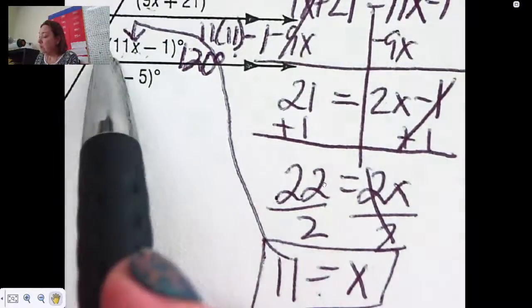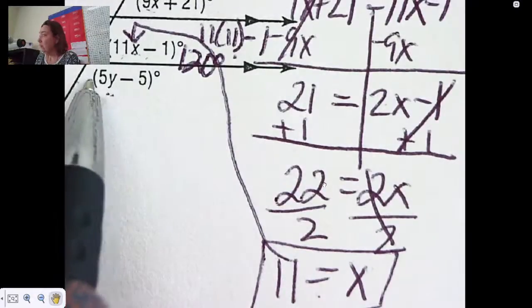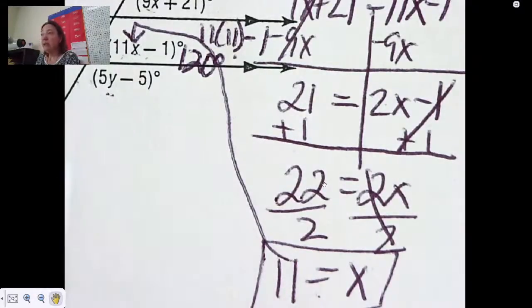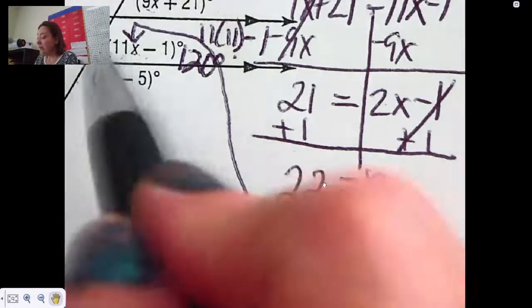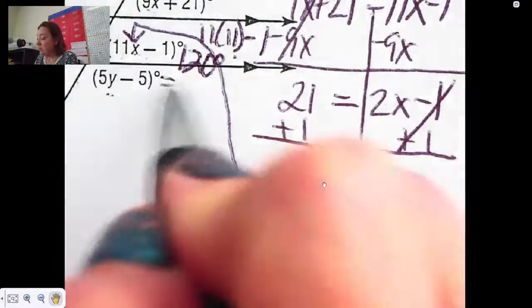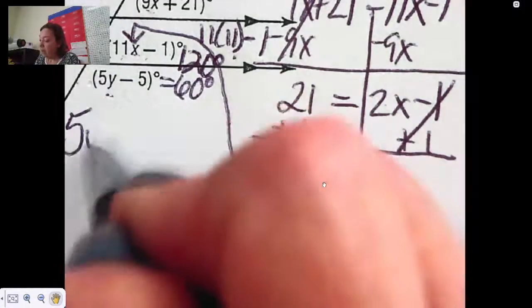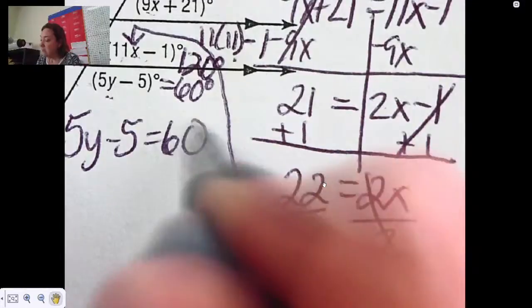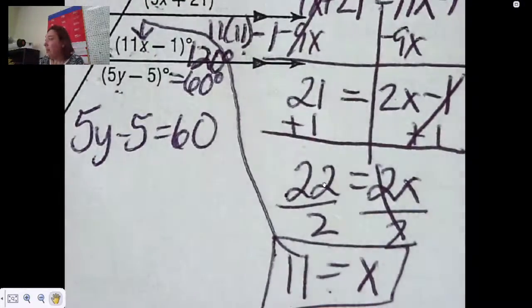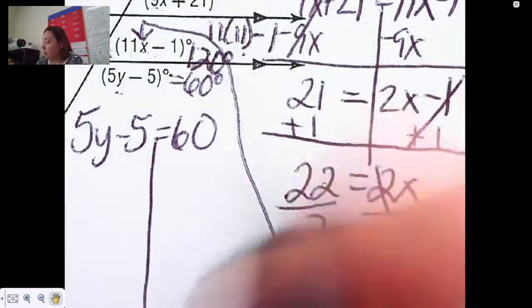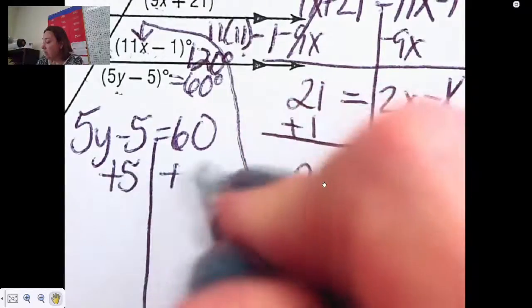But if that angle is 120, can we find this angle down here? What's that going to be? It's going to be 60 because they are a linear pair, right? So this equals 60. So 5y minus 5 equals 60. And now we can solve that. So we would add 5 to both sides.